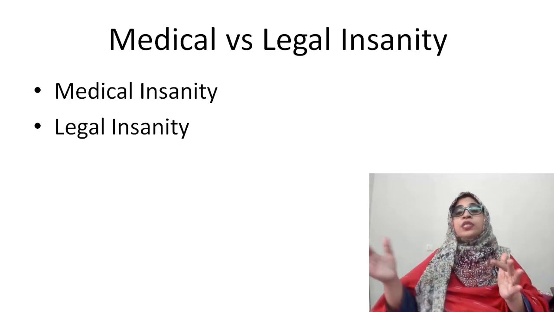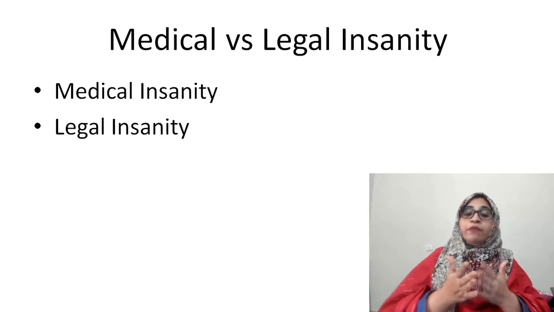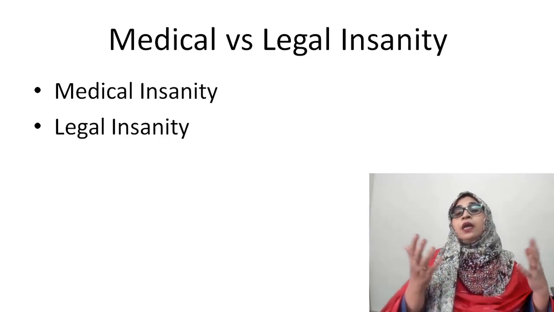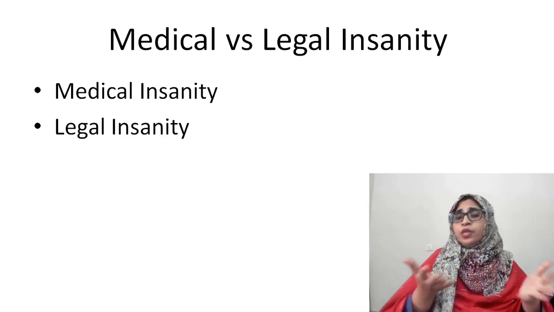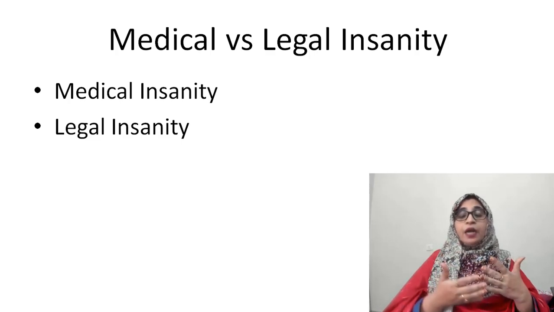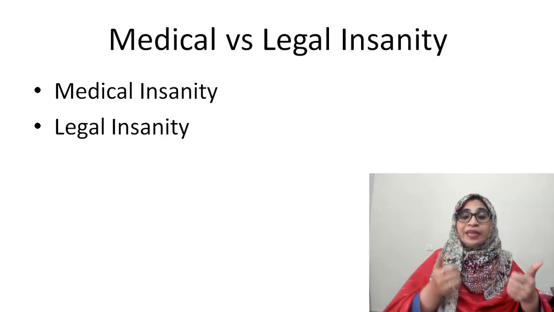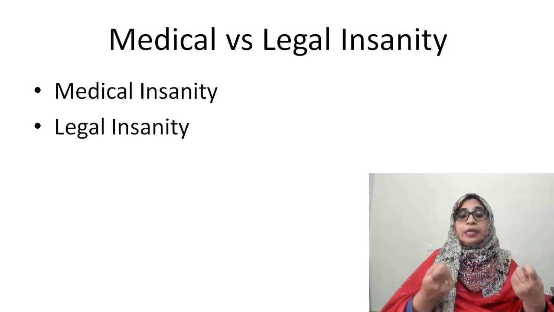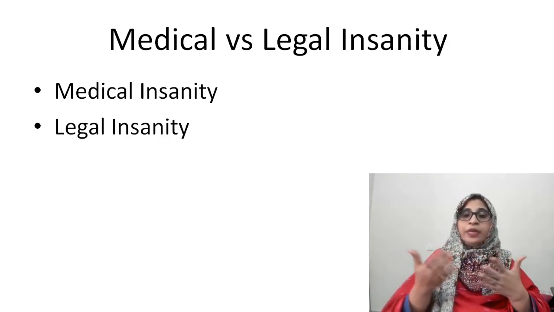Along with that, lucid intervals. In medical insanity, we have lunacy and various diseases that we can see in the medical record. Lunacy is also one kind of medical disease, medical defect, or medical inability.